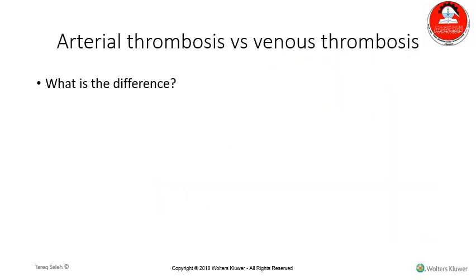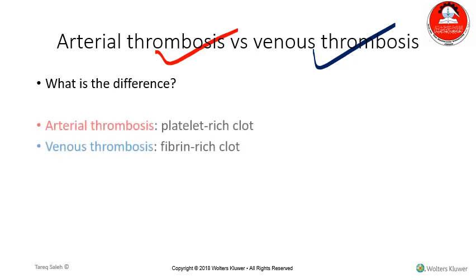Now, thrombosis can be divided into either arterial thrombosis or venous thrombosis, depending on the site where the thrombus occurs. Arterial thrombosis most often occurs in medium-sized vessels, which become highly thrombogenic by the accumulation of atherosclerotic plaques.